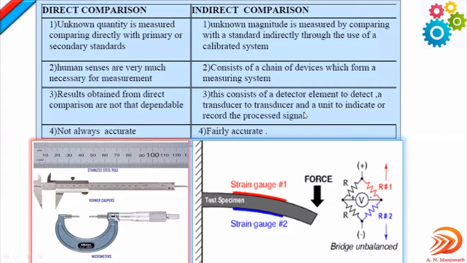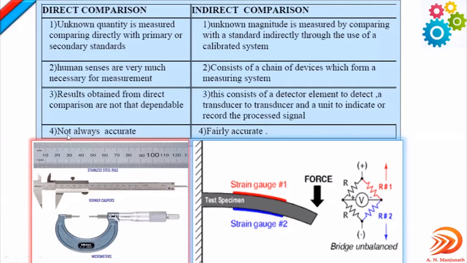See, so many elements are involved in this, whereas here there are not so many elements. There is no chain of devices. So here it consists of a chain of devices. Stage by stage, they will perform their own operation, then it will produce the result.